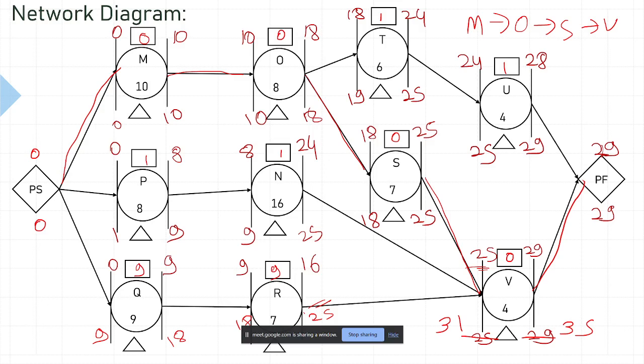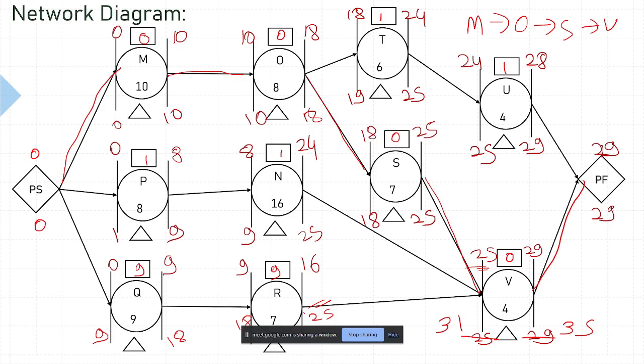So you're saying that if we knowingly incorporate some buffer, then it happens. Free float will come. Otherwise, we take a condition that just adding the duration every time will get the early finish. By default, we are following that condition. But unless you apply a real-time condition, having some buffer knowingly, we cannot get that free float.